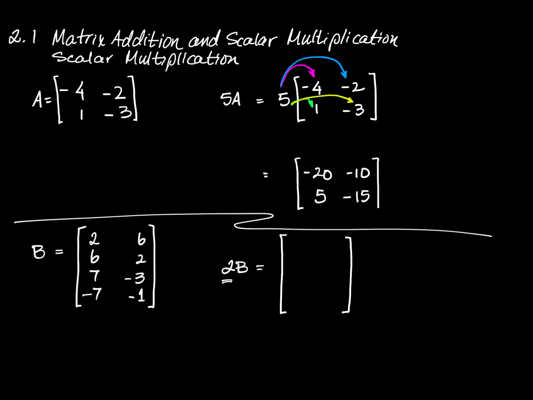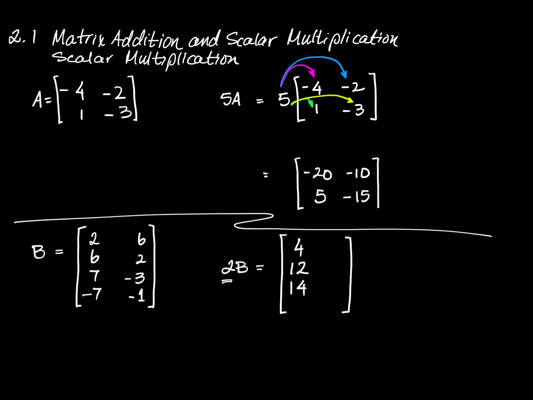So I'm literally going to multiply 2, that's this 2 right here, by 2 to get 4. And then I'm going to multiply 6 by 2 to get 12. I think it could be argued actually that what I'm doing is multiplying 2 by each entry in B. So I'm multiplying 2 by 7 to get 14.